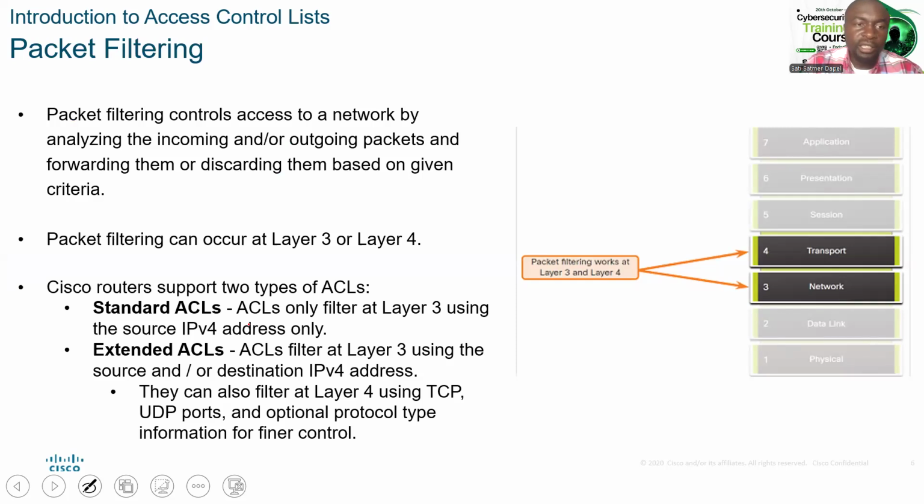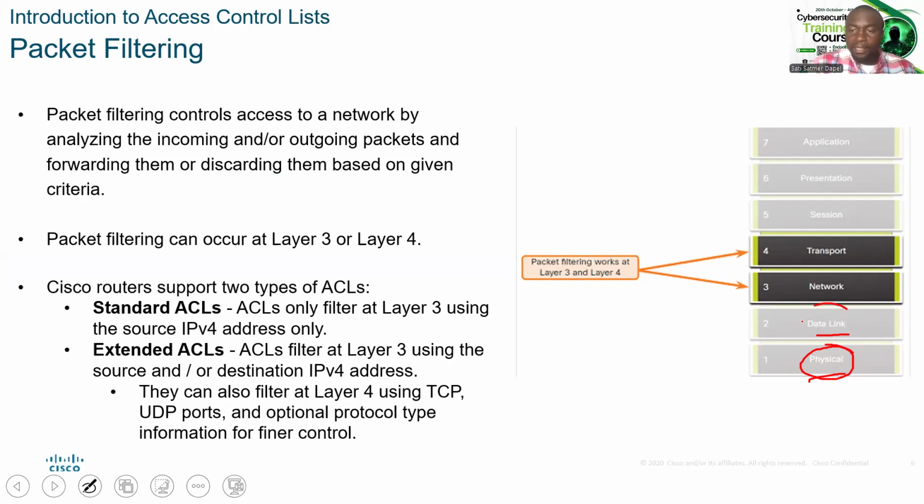Packet filtering is centered on layer 3 and layer 4 of the OSI model. Remember, we talked about layer 1 being the physical layer and layer 2 the data link layer. Layer 1, the physical layer, deals with just cabling, how your system is connected to the network, whether wireless or cable.